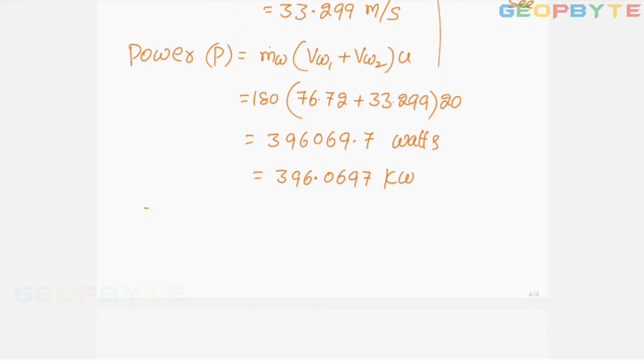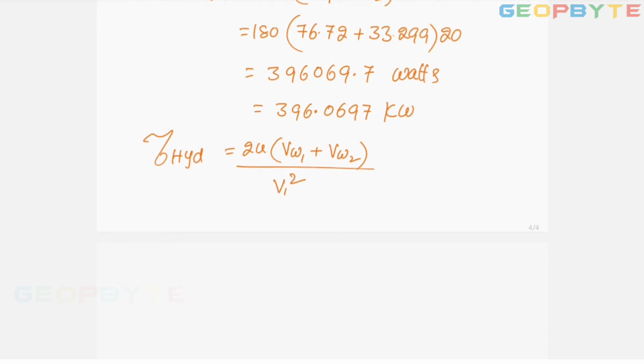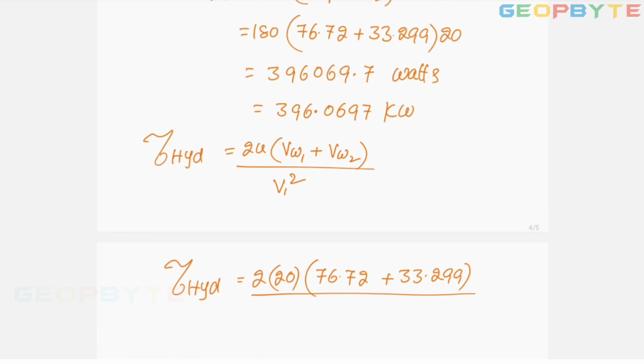Then hydraulic efficiency. Hydraulic efficiency equal to 2U into VW1 plus VW2 by V1 square. So hydraulic efficiency, 2 into U equal 20, VW1 76.72 plus VW2 33.299 divided by V1 square.